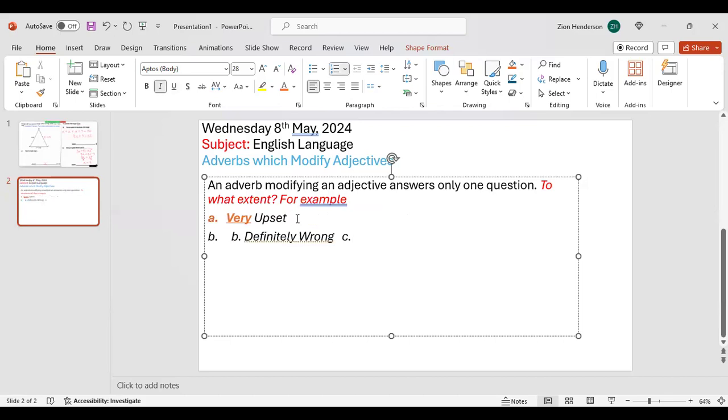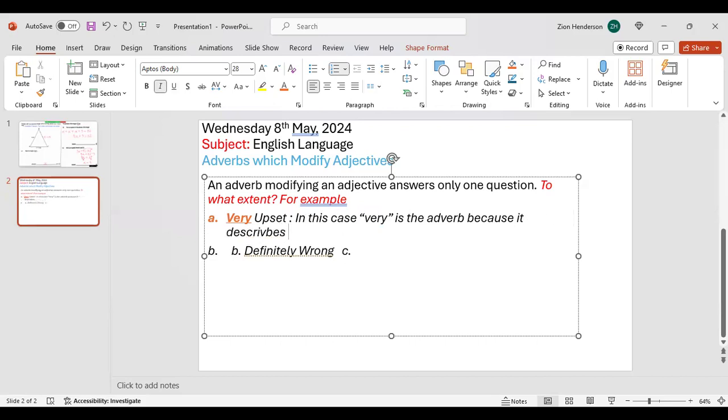So in this case, very is the adverb because it describes to what extent the person is upset. All right, so very is the adverb.